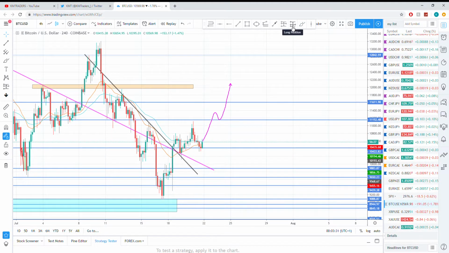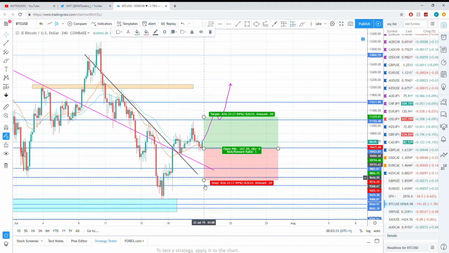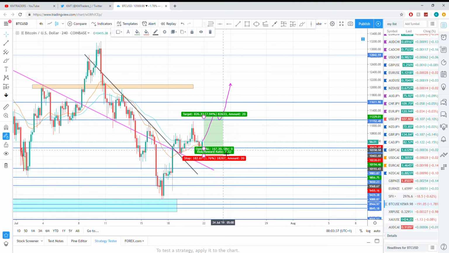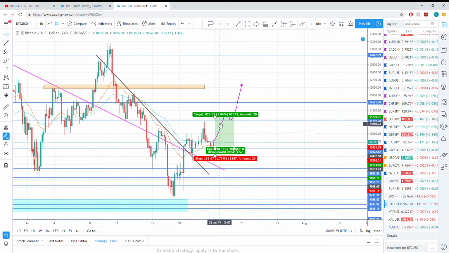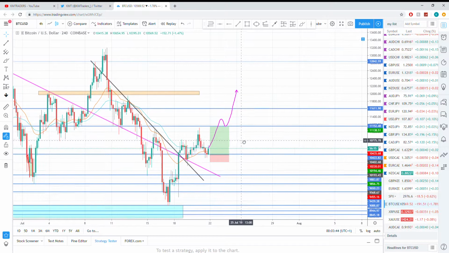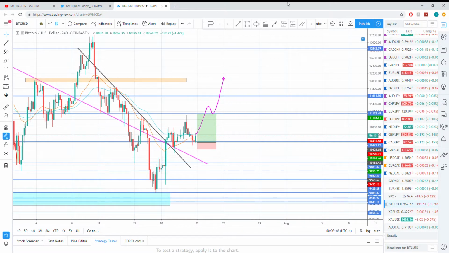I'm just going to leave this trade here, just because of where I am now. I'm going to leave that here, and we'll take our profits according to our key levels.